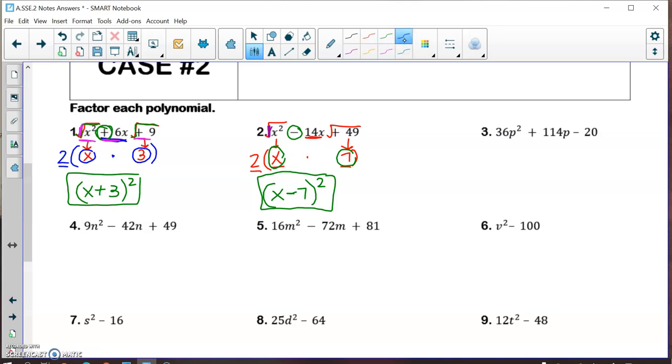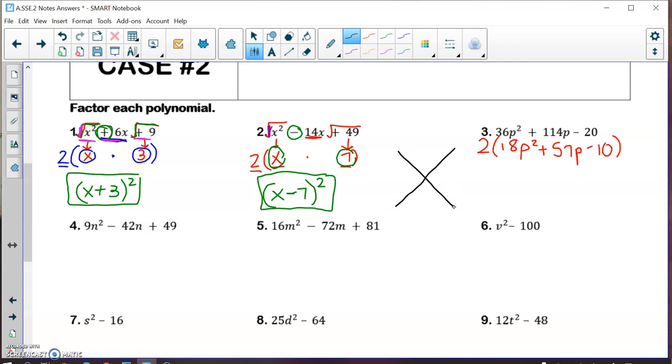And that method of factoring, first we're going to take out the greatest common factor, which is a 2. And when we take that 2 out, I'm left with an 18p squared plus a 57p minus a 10. And now this is a trinomial with 3 terms. We're going to use the x method to factor.